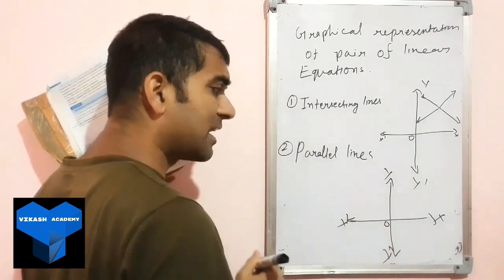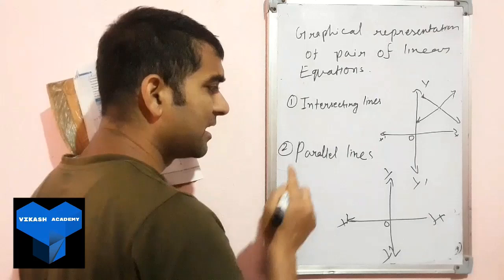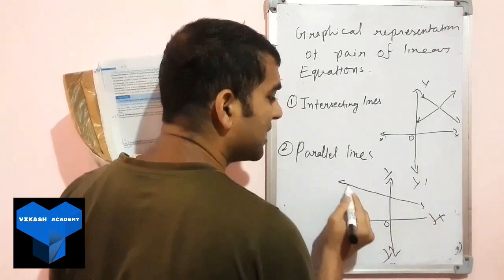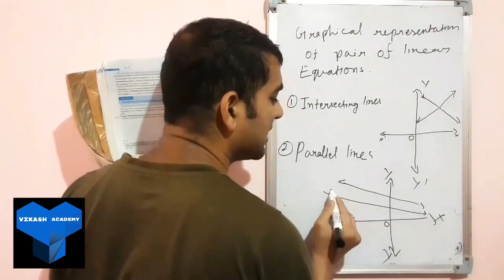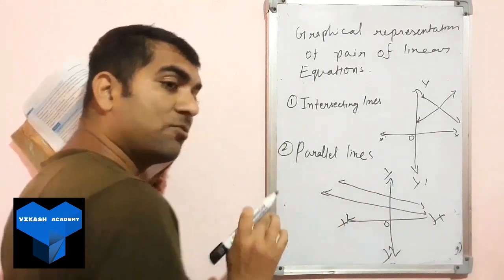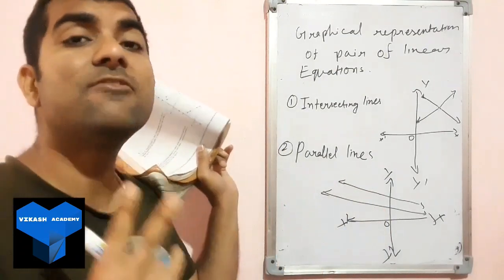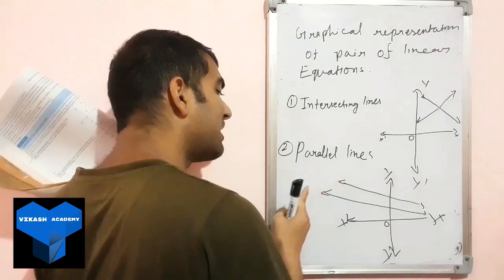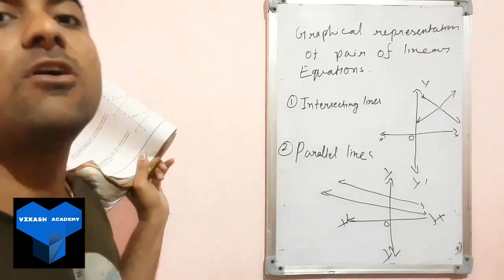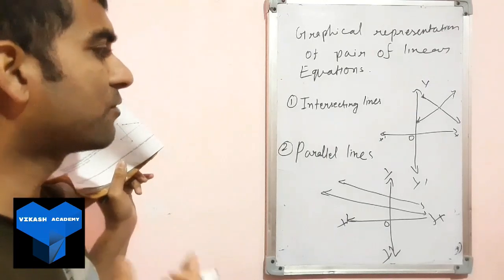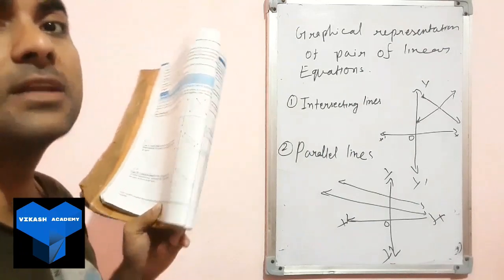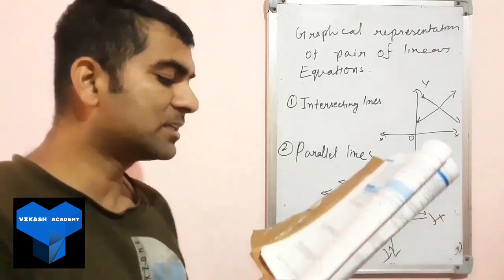When we plot the graph, in the case of parallel lines, one line will be parallel to the other. Parallel lines, as you already know, never intersect each other. So here you will not get a common point. These two lines will not intersect each other at a common point, or common coordinates, right?